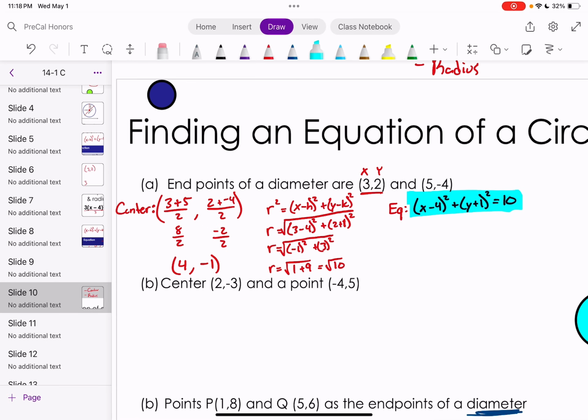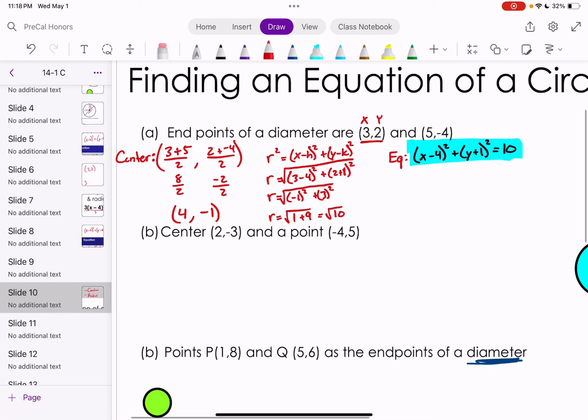Let's take a look at B. For B, notice they're giving us the center and they're giving us the point, but they're not giving us the radius. So we're going to use this point and the center to our advantage, and plug it directly into our radius equation.